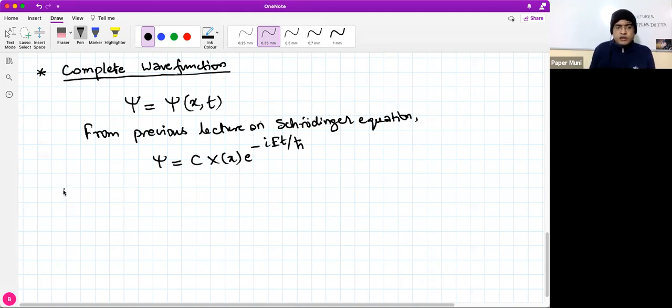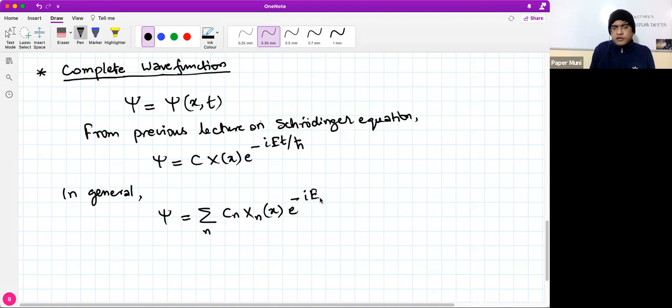And we also wrote that in general, psi is equal to the summation over n of Cn psi n, if the wave function is a superposition of several other states.